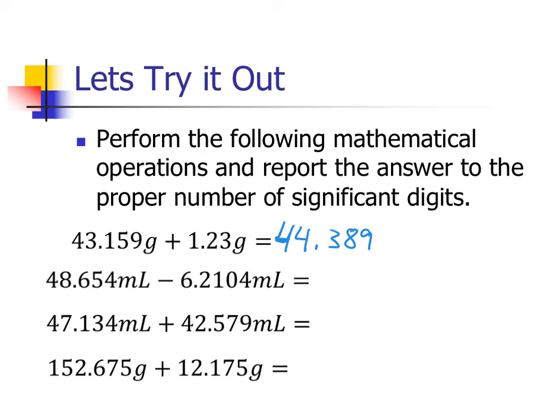However, my worst measurement is what? It's the 1.23. That has 3 significant digits, which means I need to round right there at the 3. So now it comes into how do I round it?